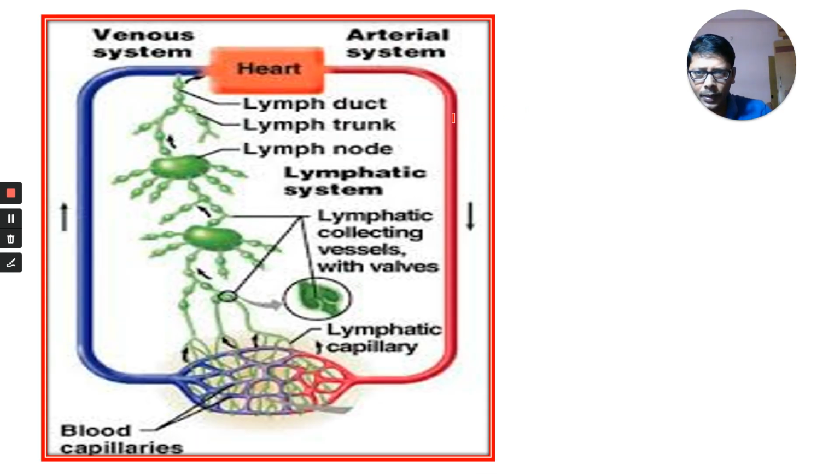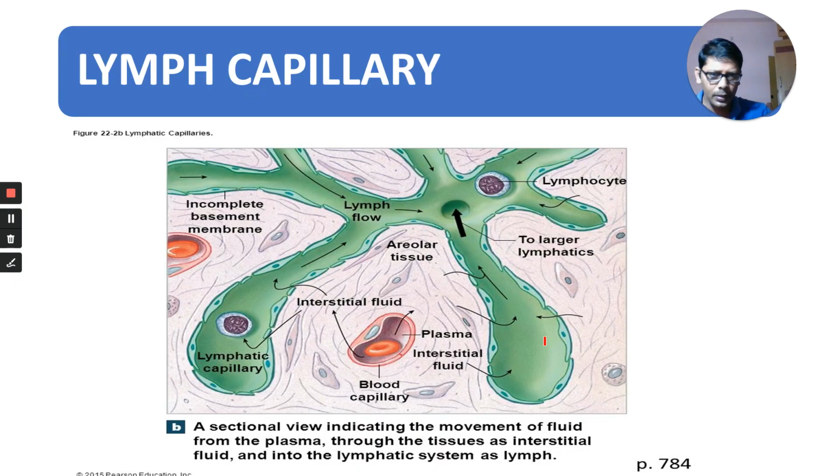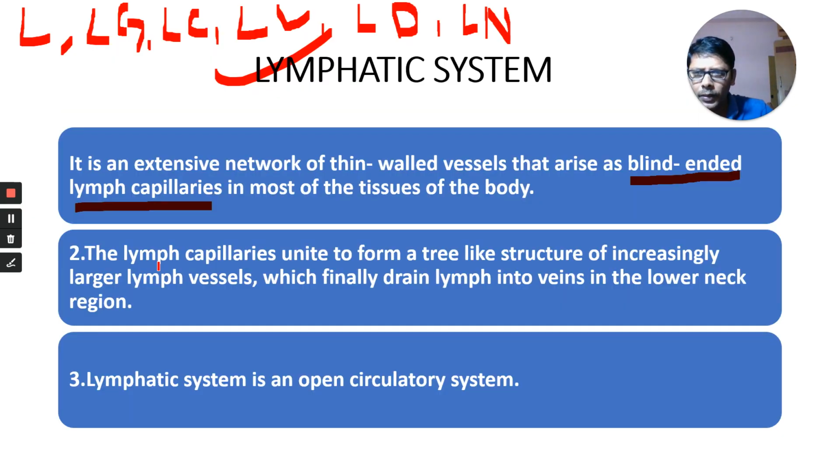If you observe here, these are the lymph capillaries. This lymph capillary is like our finger, which has a blind end. Like that, this lymph capillary is also closed here, a blind end, not an open end. So how does it start in our body parts?